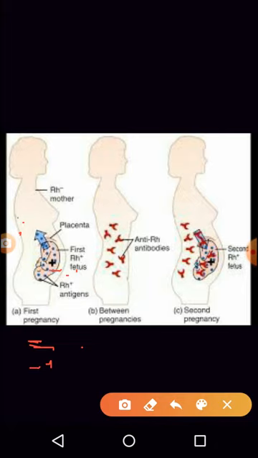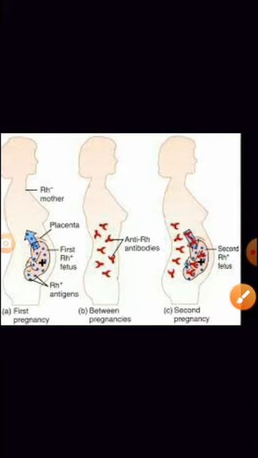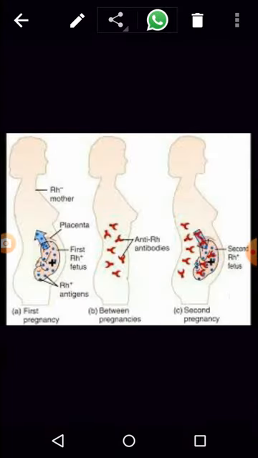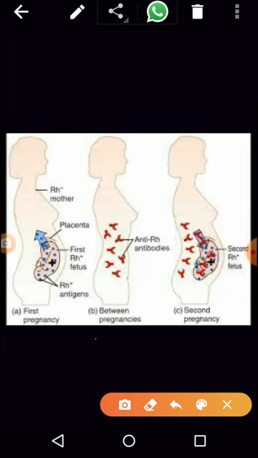For the mother, the D antigen is a foreign substance because her blood does not have it. So the mother will start producing antibodies against the D antigen. By the time the mother produces the D antibodies, the child's birth would have occurred. So for the first pregnancy and the first child, there is no problem.